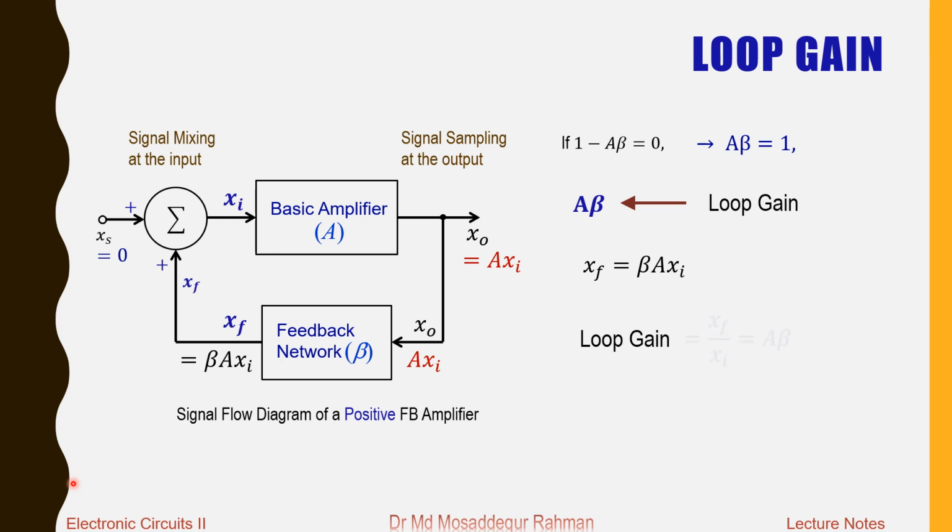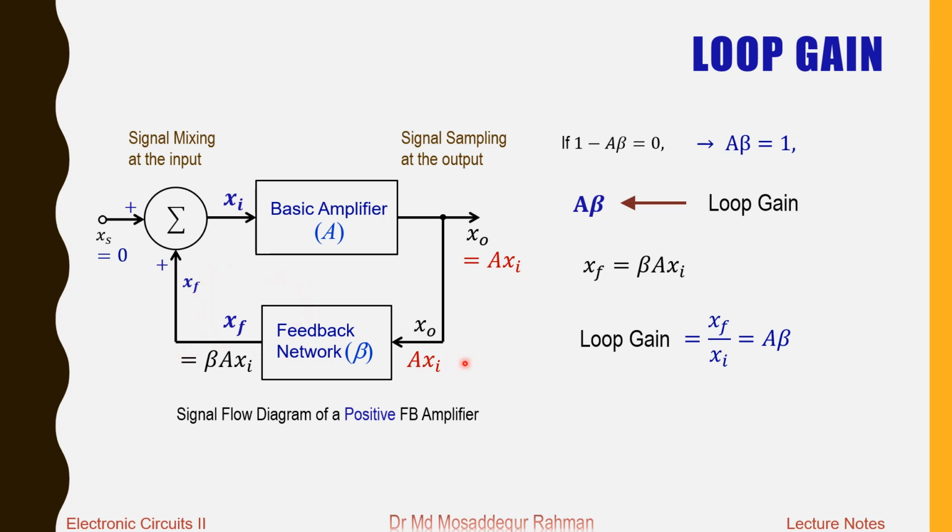So loop gain is defined as Xf divided by Xi. That was the initial value, and that is the final value after completing the loop. If you do the math you get A beta. So that's why the product A beta is called the loop gain. Every time the signal completes one loop, it gets multiplied by A beta.